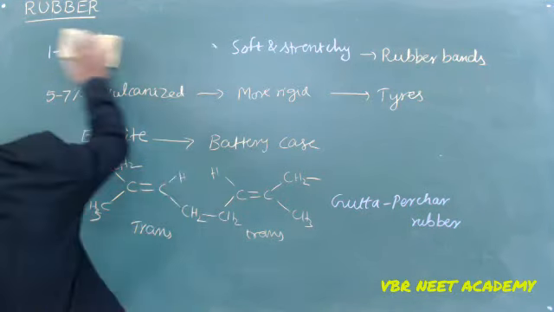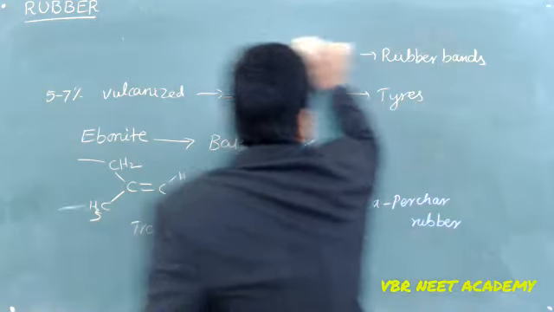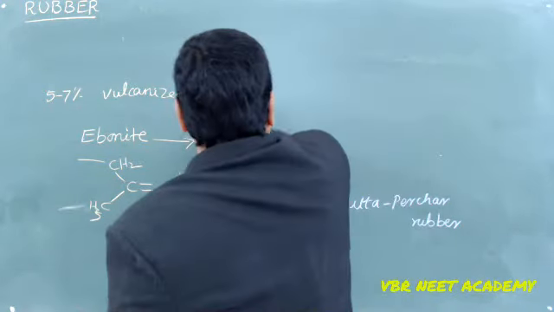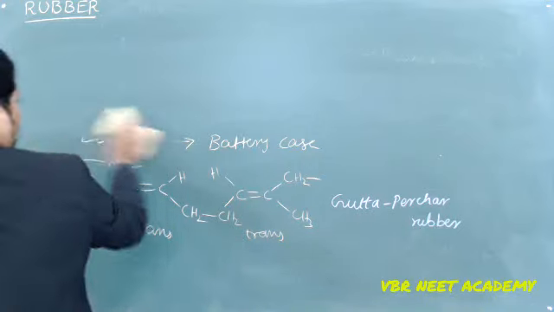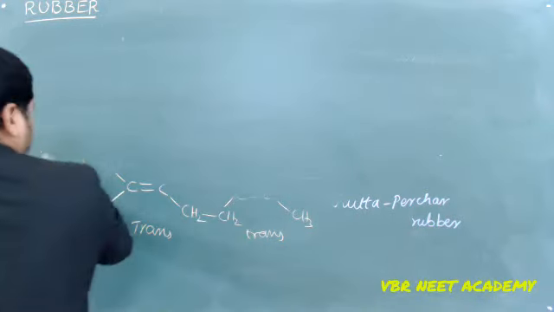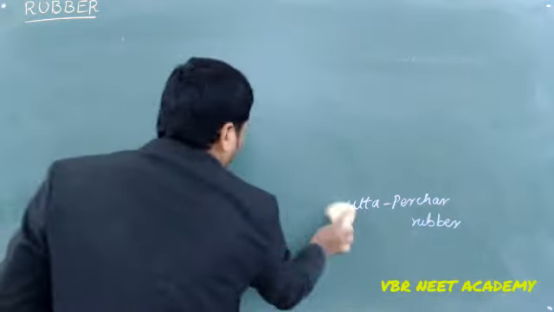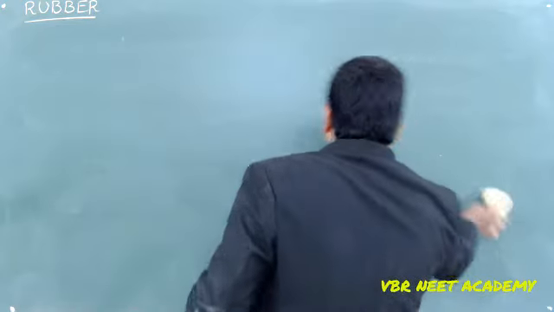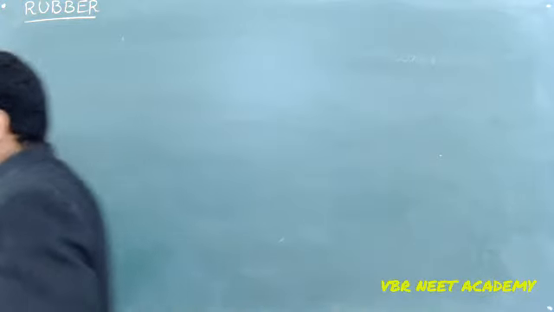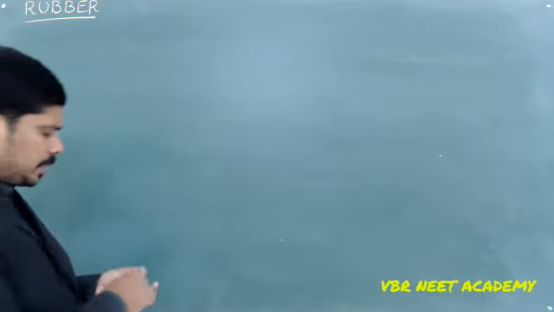Regarding natural rubber, we can have one question like ozonolysis. If you do it for natural rubber, what is going to be formed? And if you do it for a monomeric unit of natural rubber, what will you get? That is how the question can come.